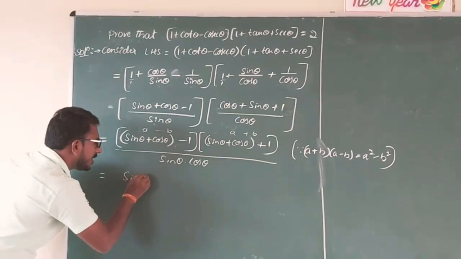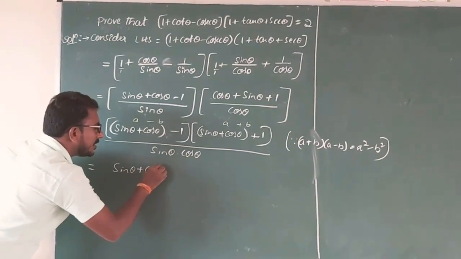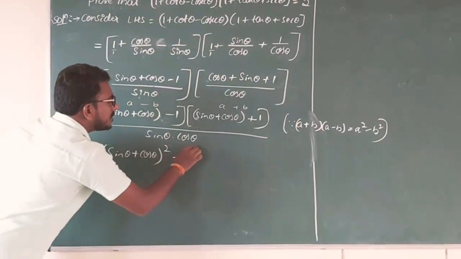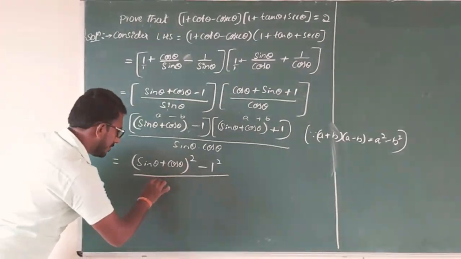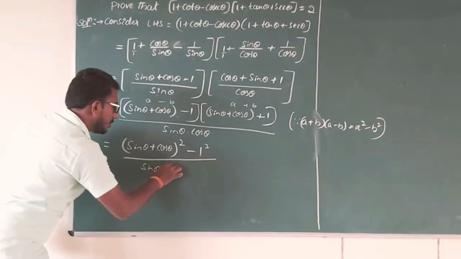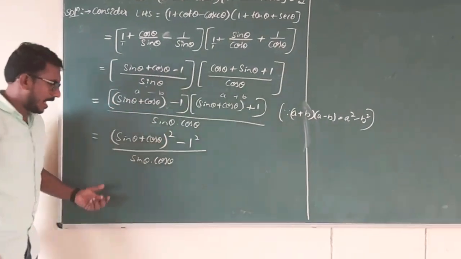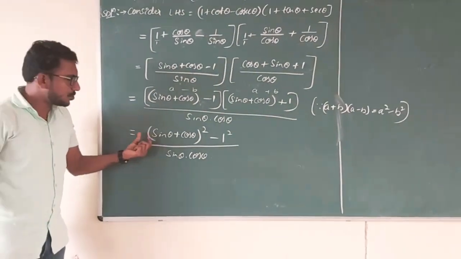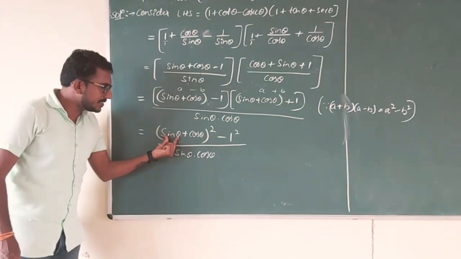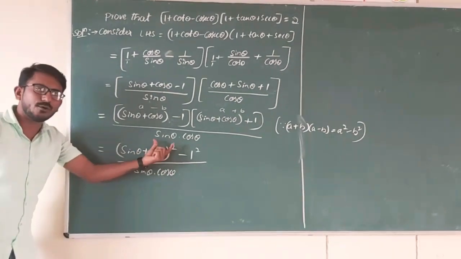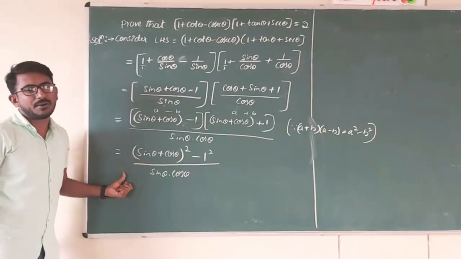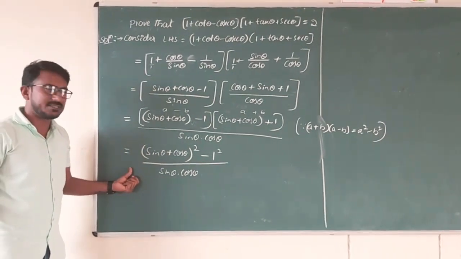A square is (sin theta plus cos theta) whole square, minus B square, which is 1 square, divided by sin theta into cos theta. I think the step is very clear. Here you can observe it is in the form of A plus B whole square. Again we know the identity A plus B whole square is A square plus 2AB plus B square, isn't it?